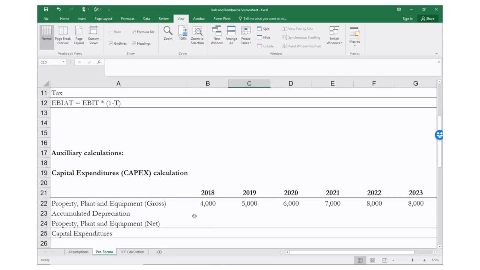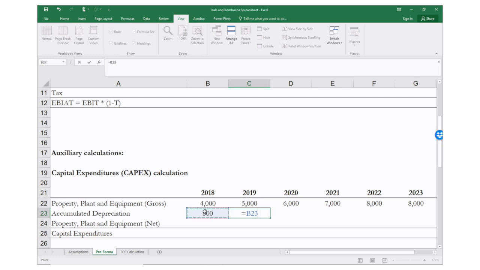Now, what is happening to the accumulated depreciation and then the net value of property, plant, and equipment in the company? Now, the accumulated depreciation, we have no way of knowing from just this Excel spreadsheet how much we had accumulated in the past. But the case tells us that we had accumulated $800,000 of depreciation by the end of 2018. So how much would we have in 2019? Well, we would have whatever amount we had last year, because now we're accumulating over time.